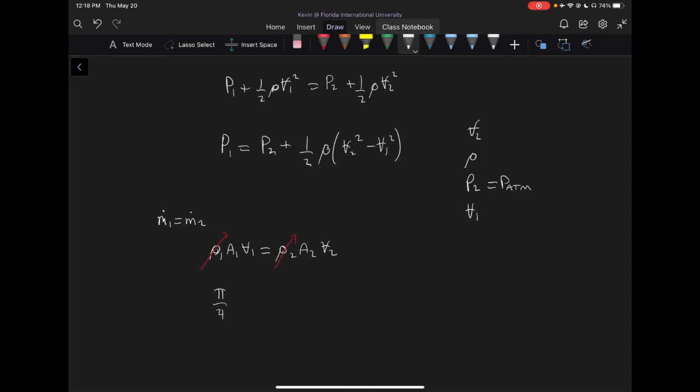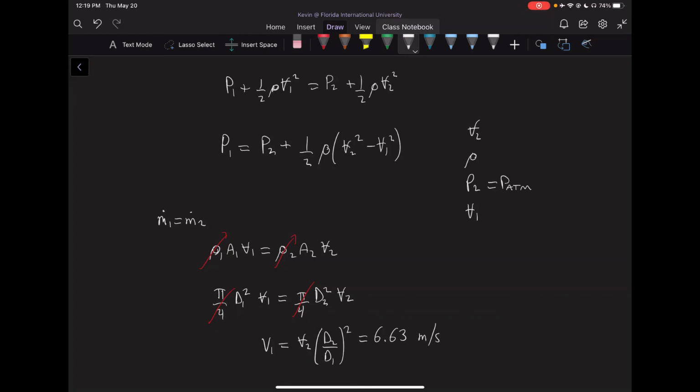Therefore, pi over 4 d1 squared times V1 is equal to pi over 4 d2 squared times V2. We can get rid of the pi over 4 because it's on both sides. And so we have that V1 is equal to V2 multiplied by d2 over d1, all squared, which is equal to 6.63 meters per second.